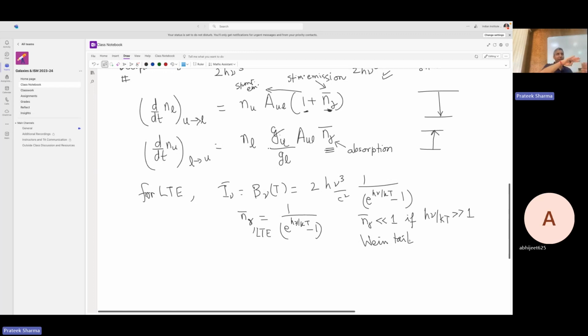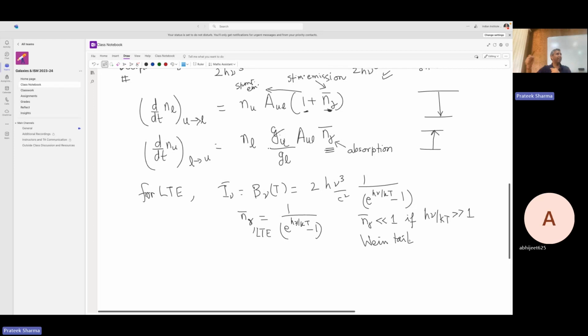The black body spectrum has a power law Rayleigh-Jeans part, and one of the biggest puzzles which led to quantum mechanics was how do you avoid this UV catastrophe? The way you avoid it is by saying that photons are quantized. A photon has an energy equal to h nu.